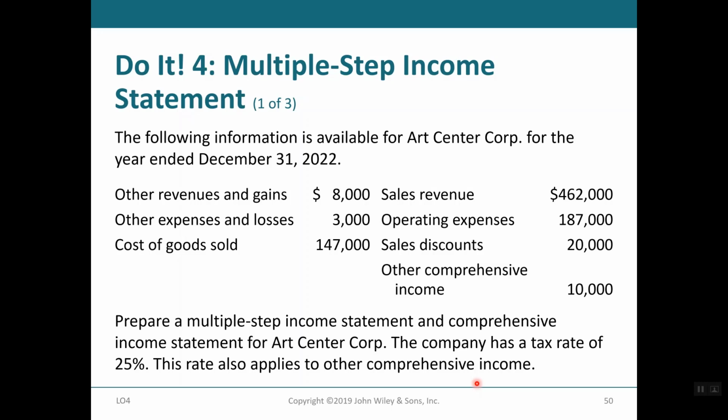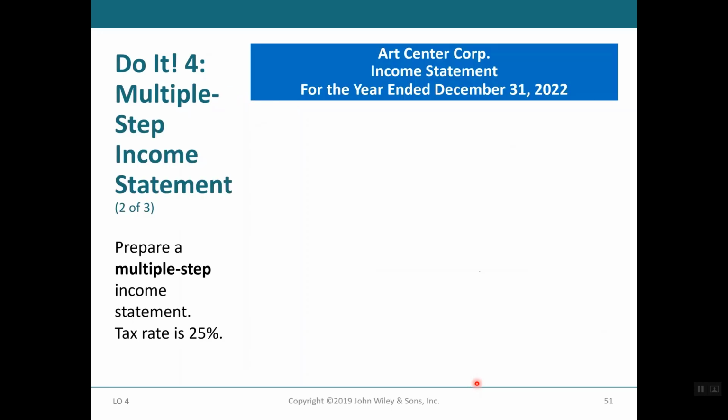Sales discount, 20,000. And other comprehensive income. Prepare a multiple-step income statement and comprehensive income statement for Art Center Corps. The company has a tax rate of 25%. This rate is applied to other income. So this is the question we have, and let's do this together.